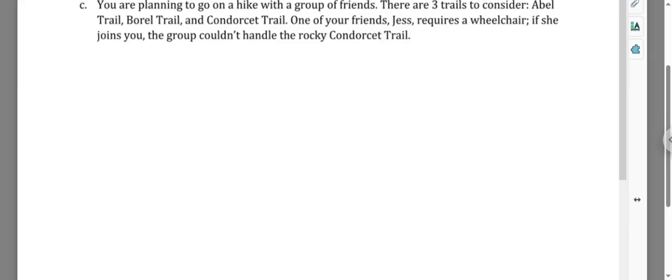So that's where you start. So if Jess is with you versus not, then what you can do after that. So go with the most limiting factor first, and then start listing your outcomes.